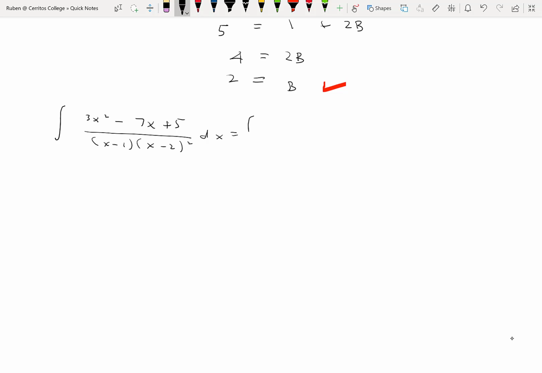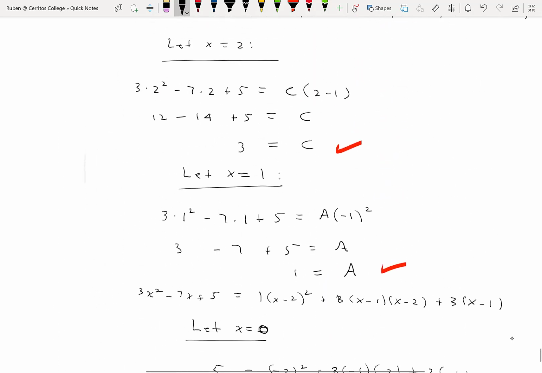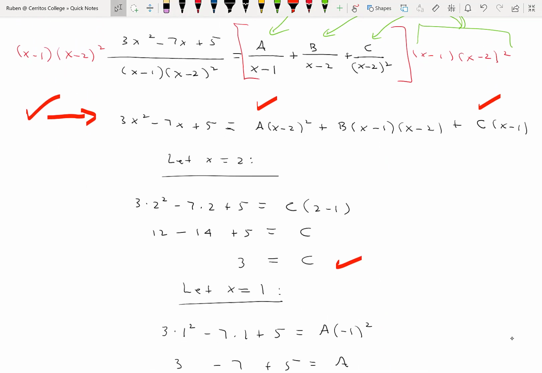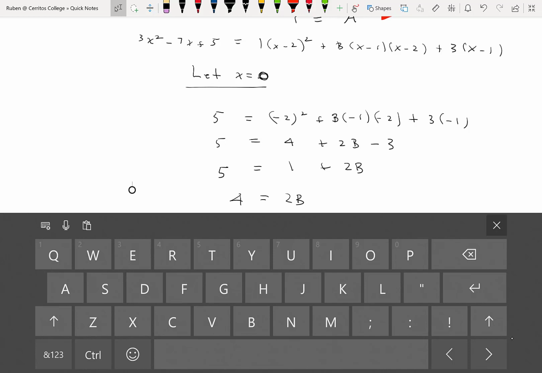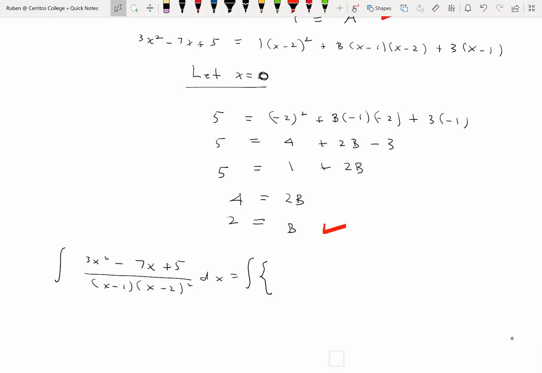And what we did is we assumed that we had the partial fractions decomposition A over x minus 1 plus B over x minus 2 plus C over x minus 2 squared. So we have A over x minus 1 plus B, which is 2, over x minus 2 plus C, which is 3, over x minus 2 squared.